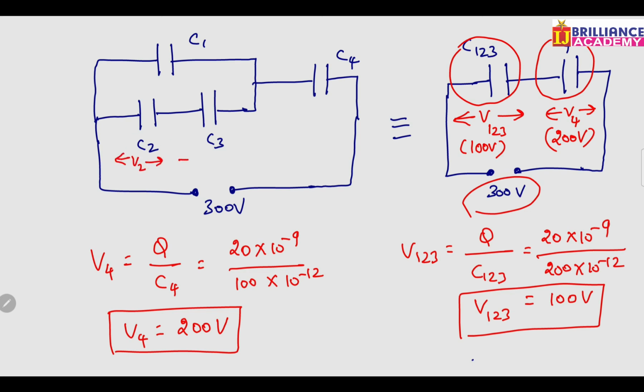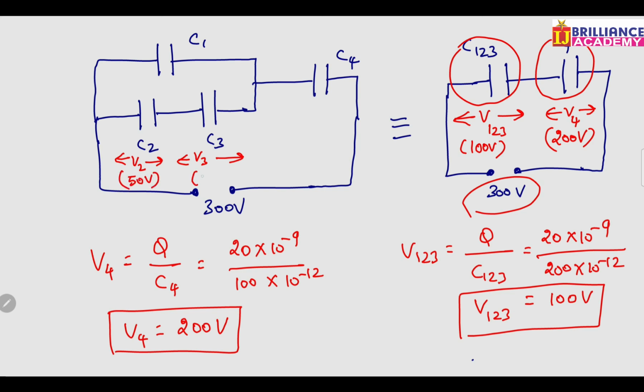So for V2 and V3, you can again apply a shortcut. The 100 volt, they both are equal capacitance, so you can give the voltage an equal share. So C2 will have 50 volt, and C3 will have 50 volt.